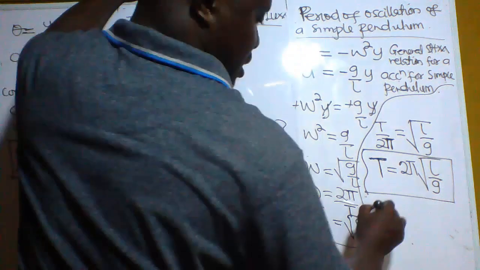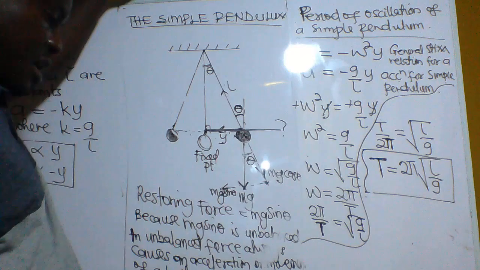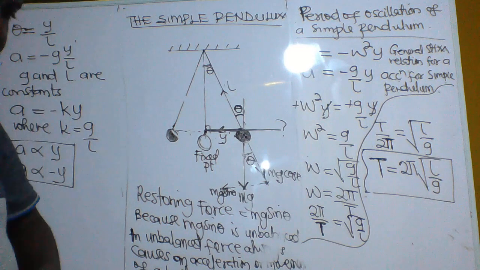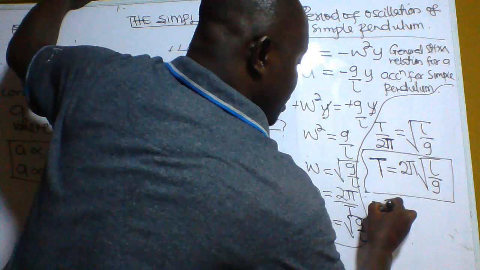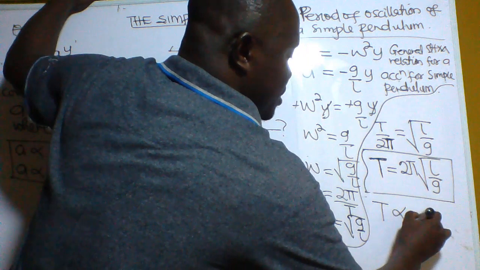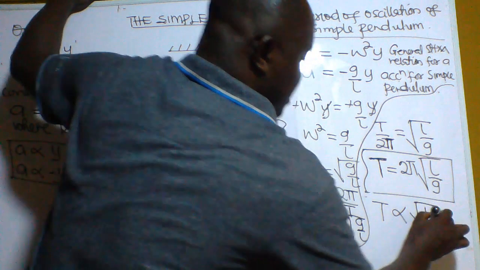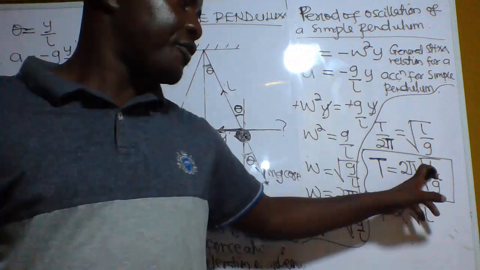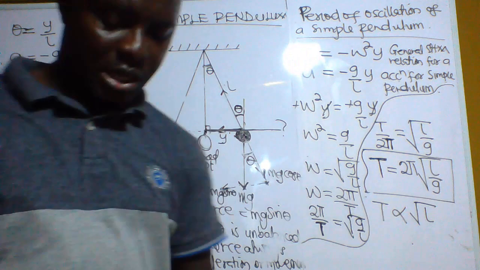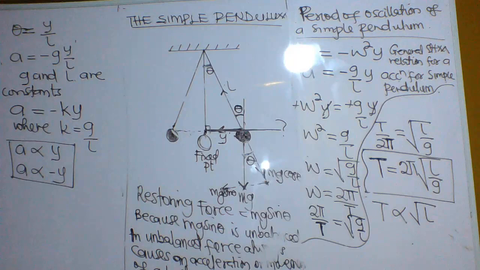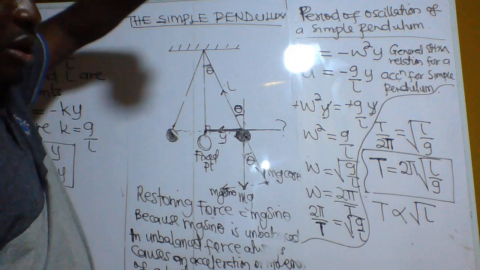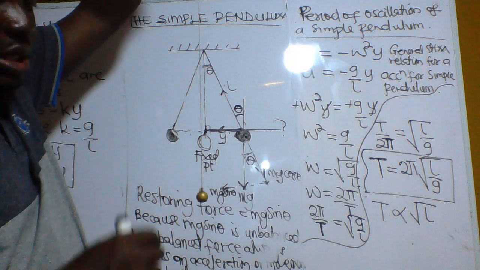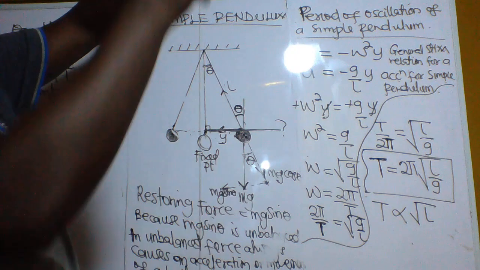This is a very important relation we use in mechanics, which is the period of oscillation of a simple pendulum. The time taken for a simple pendulum oscillating to make one complete oscillation is directly proportional to the square root of the length, because apart from the length, the rest are all constant. Meaning that if you have a simple pendulum, the time for a complete oscillation depends on the length measured from the center.